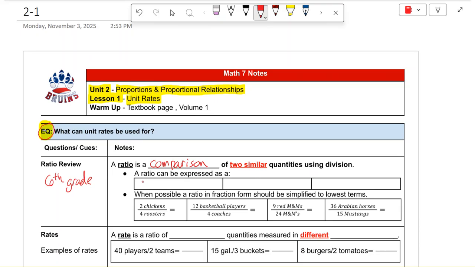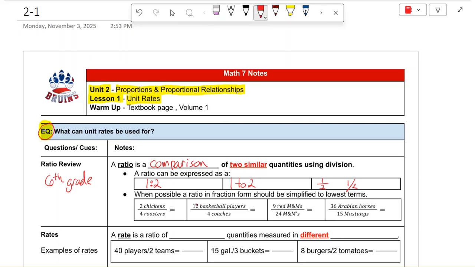First, it can be expressed as 1 colon 2, 1 to 2. You can use the word 1 to 2, or you can even write it as a fraction 1 to 2, or sometimes written like this, 1 to 2 with a little sideways fraction bar. So that's how you can write a ratio for review.